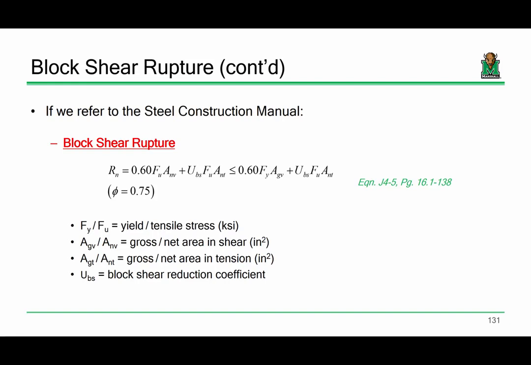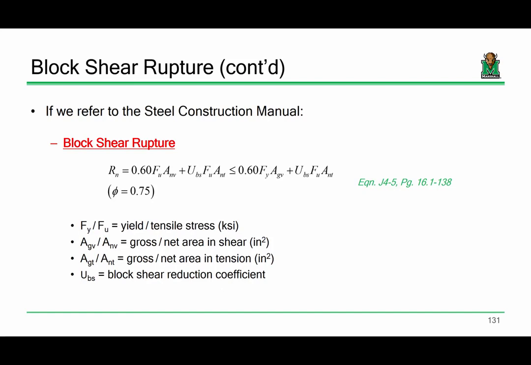It is the gross area in tension. What is ANV? It's the net area in shear. You kind of see where this is going? Now, one of the things you're not going to find in this equation is AGT, the gross area in tension. But you can't calculate the net area in tension without calculating the gross area in tension, so we're going to have to compute it anyways. Okay? So that's point one.